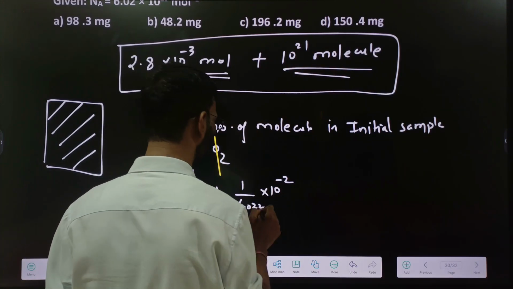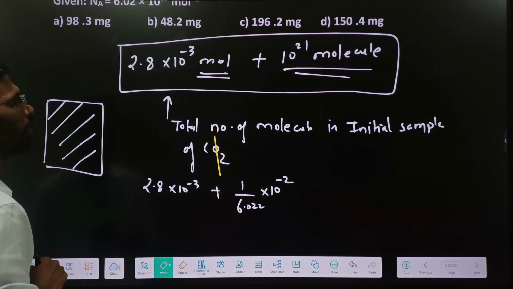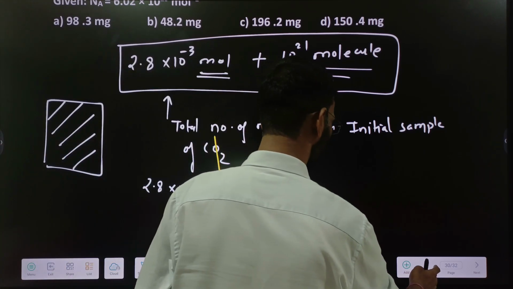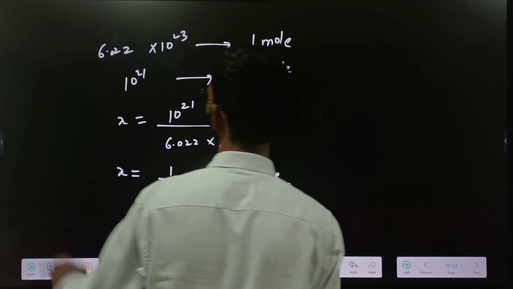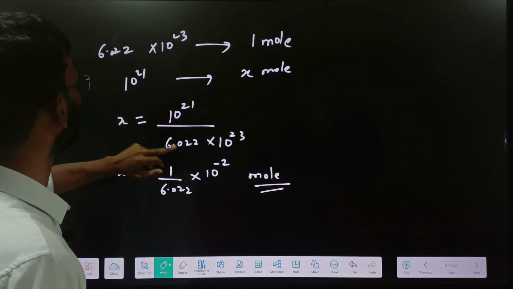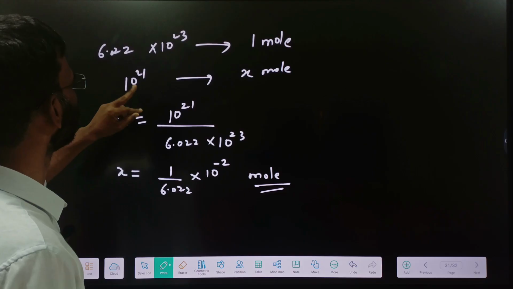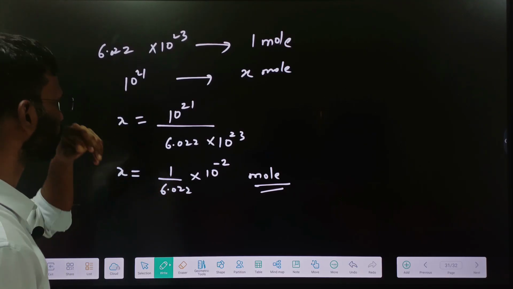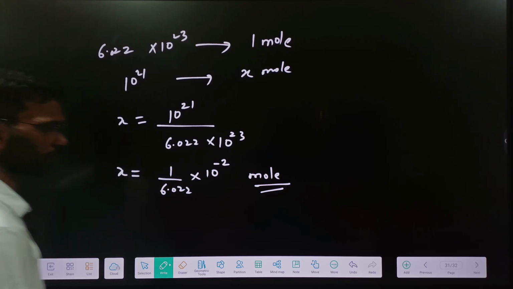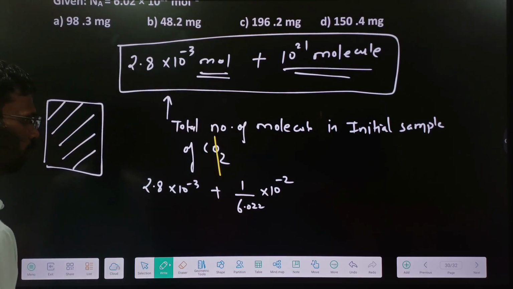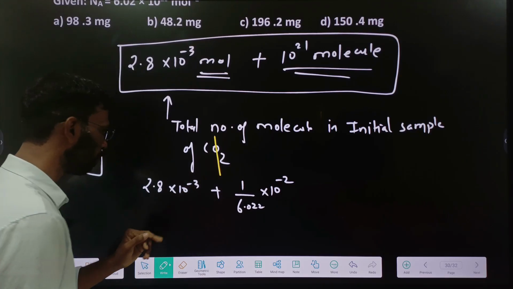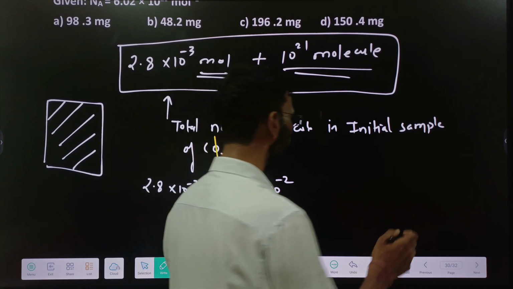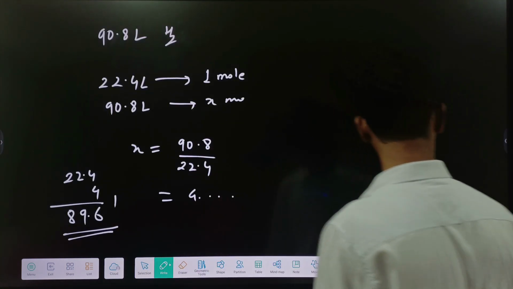I converted this value to this. We know that 6.02 into 10 raised to 23 is equal to 1 mole. So 10 raised to 21 will be, after cross multiplication, 10 raised to 21 by this, these many moles. Now we need to add this. To add this, I need to make the powers equal. So we'll do this 1 by 6 approximately, since the options are given over here.